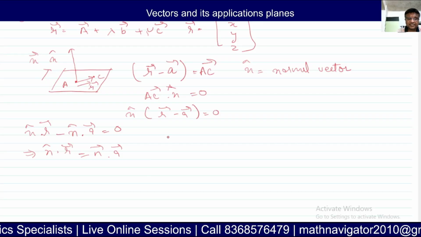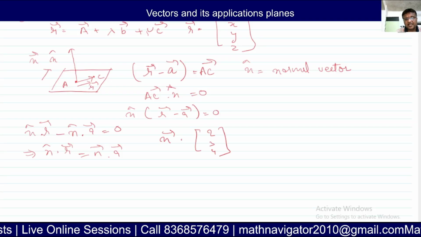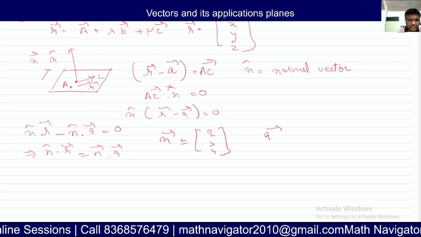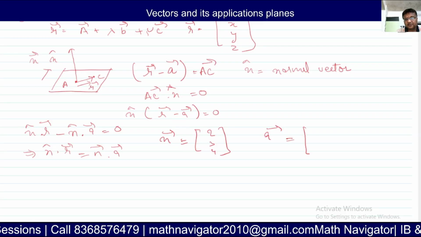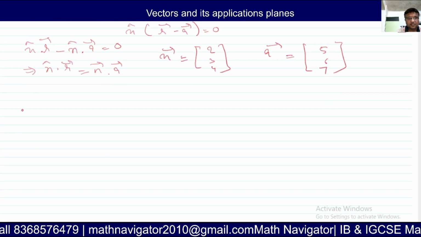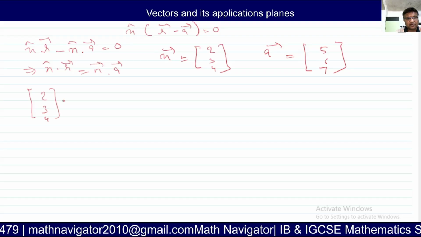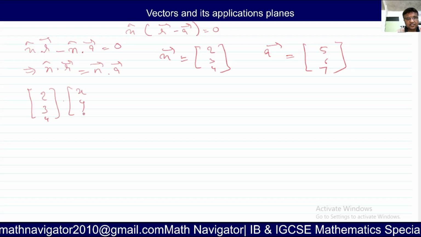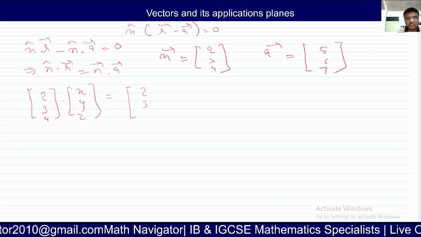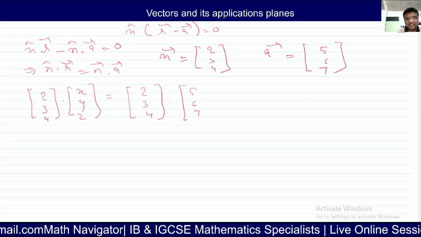So let's take an example. If my vector n is equal to (2, 3, 4) and my vector a, that means this point which is given here, is (5, 6, 7). So what will be my equation, right? Vector n, which is (2, 3, 4), dot (x, y, z) is equal to vector n, which is (2, 3, 4), dot vector a, which is (5, 6, 7).